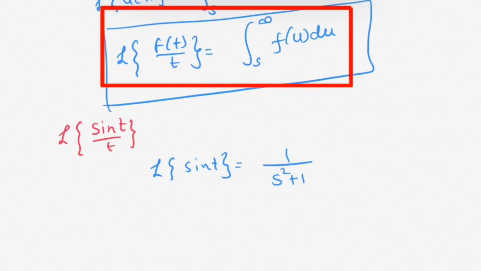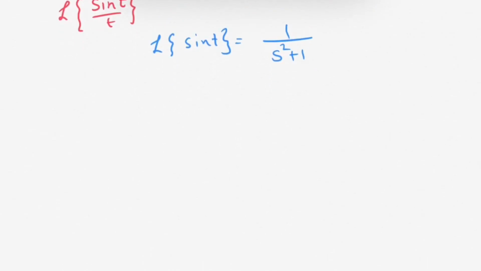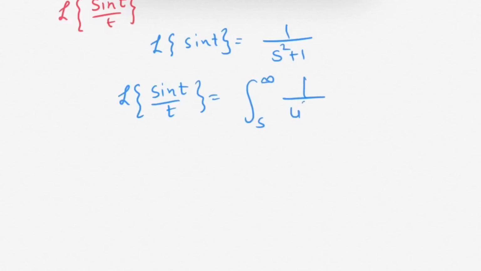Now using this formula, the Laplace transform of sin t over t equals the integration from s to infinity of 1 over u squared plus 1 du. The integration of 1 over u squared plus 1 equals tan inverse u, with limits from s to infinity.